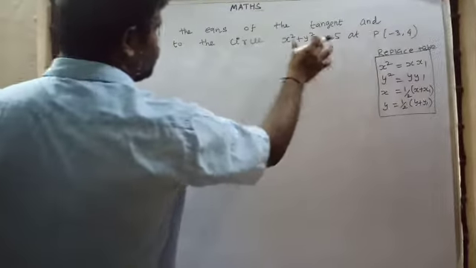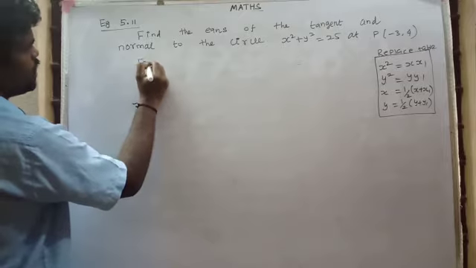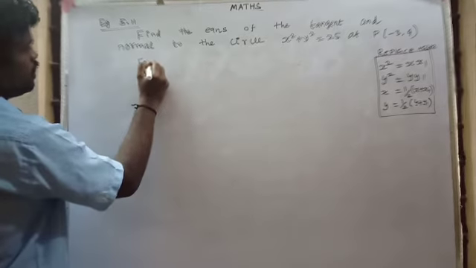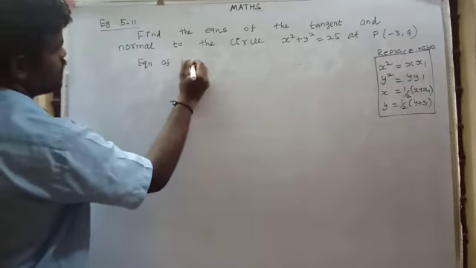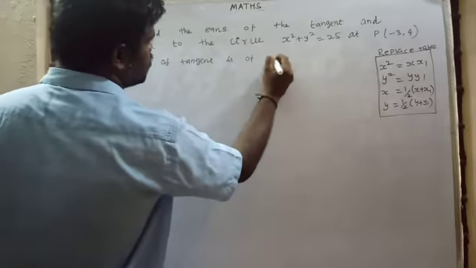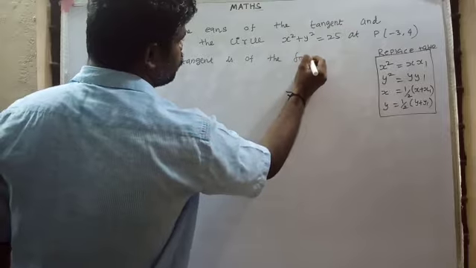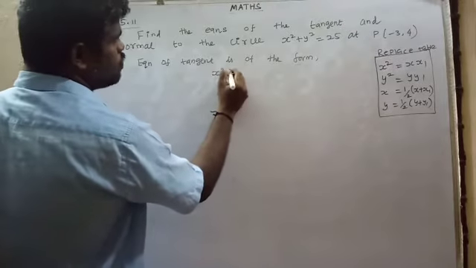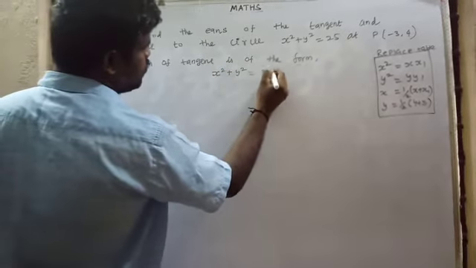Okay, here the equation of tangent is of the form x squared plus y squared is equal to 25.